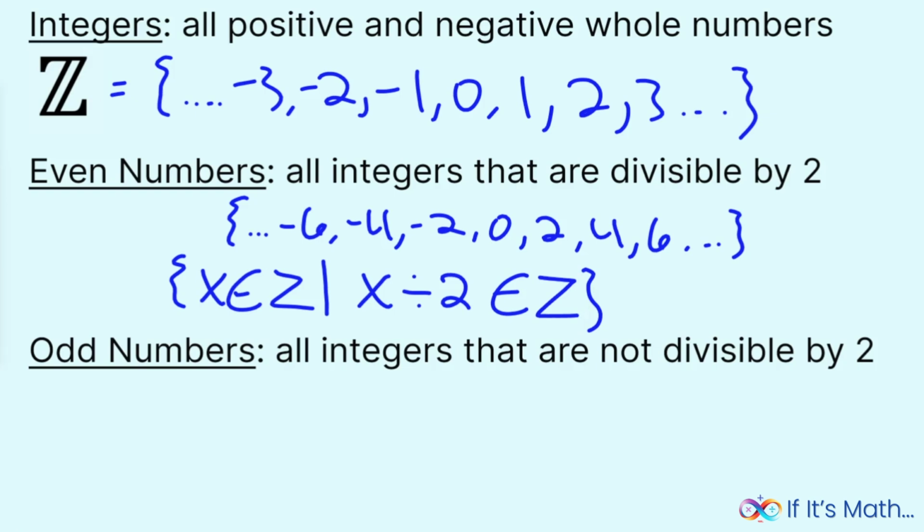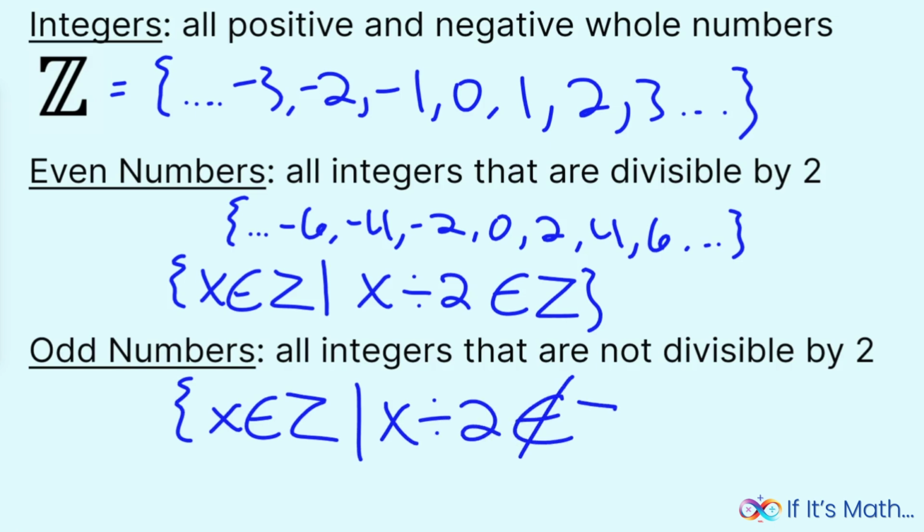Okay, so then we've got our odd numbers. So think about odd as just all numbers that aren't even. But in the definition piece, we've got all integers that are not divisible by 2. So when we start to think about how to write that in set notation, we're going to have the set of all numbers x that are integers such that when we divide x by 2, what do you think?